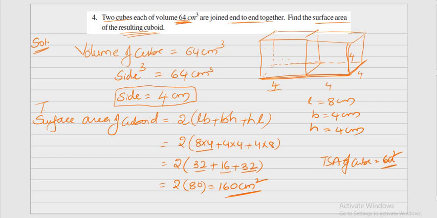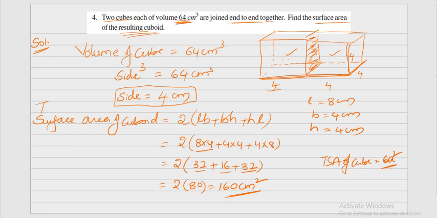It is nothing but 6a square, right? Now if you observe the figure, these two cubes are attached end on end, so one face of this cube and one face of the other cube disappear.